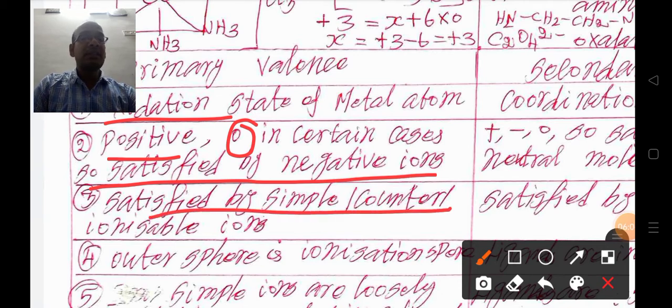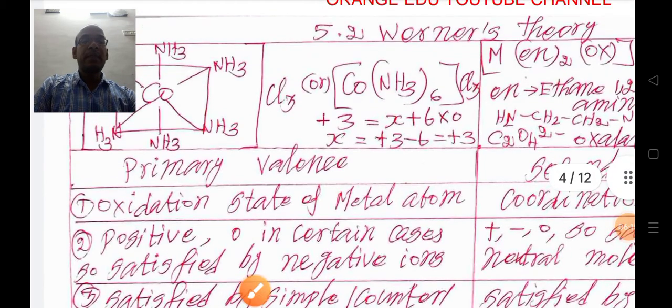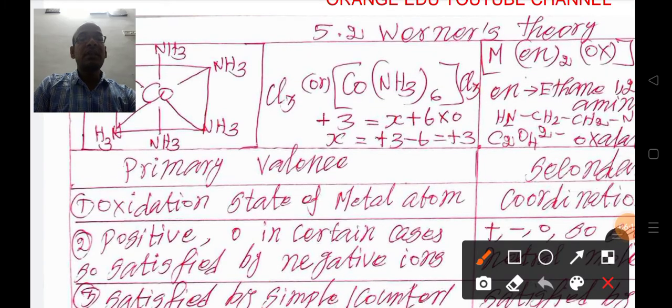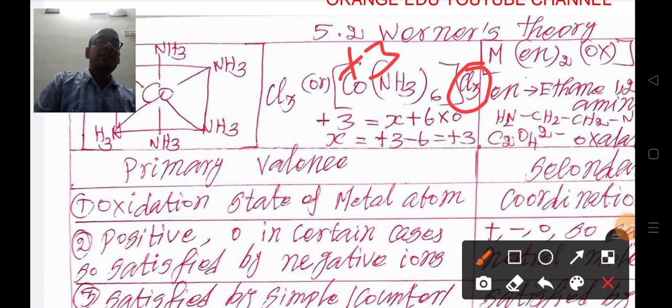In this example, the oxidation state of the central metal ion is +3. This +3 is satisfied by the -3, that is, the simple ions satisfy the primary valency. 1 Cl has 1 negative charge, 3 Cl has 3 minus.